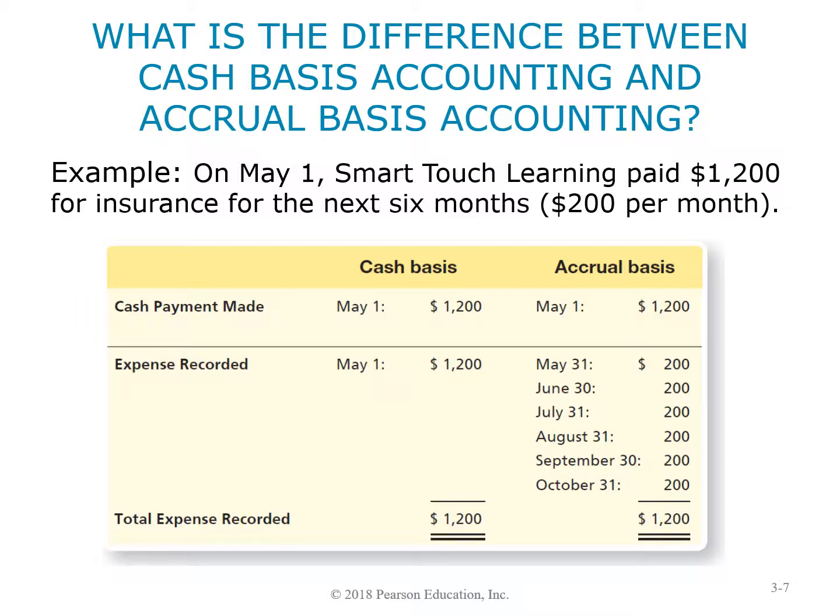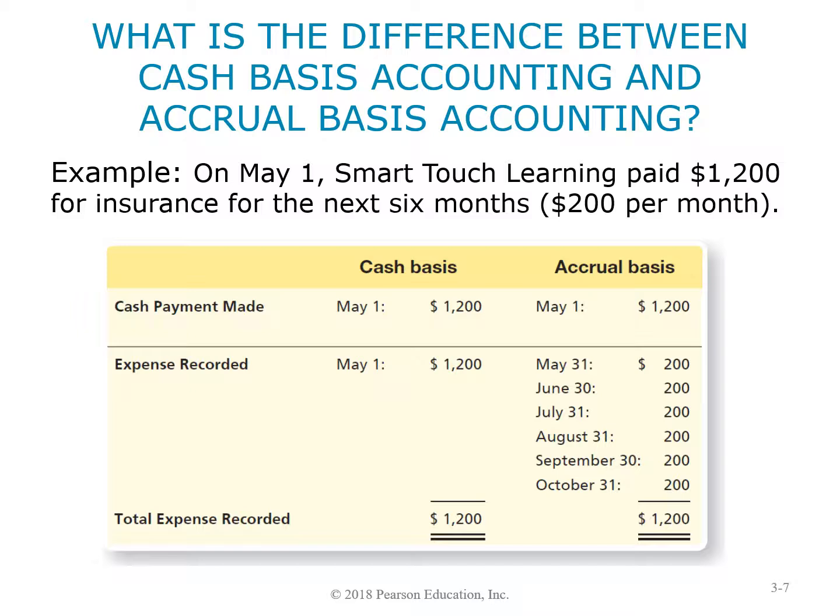Okay, so this is an example to show you the difference. On May 1st, Smart Touch Learning paid $1,200 for insurance for the next 6 months. So if you were cash basis, you would go ahead and show that you had expenses of $1,200 for that month, which would put a big expense into 1 month.